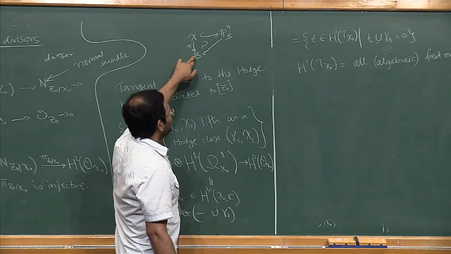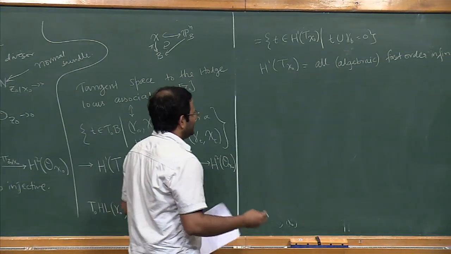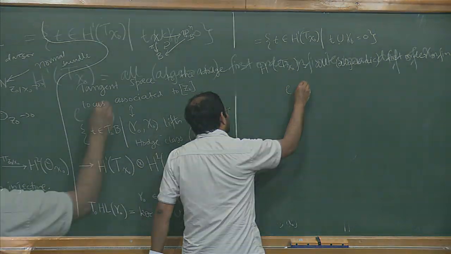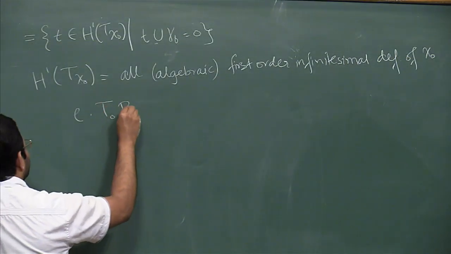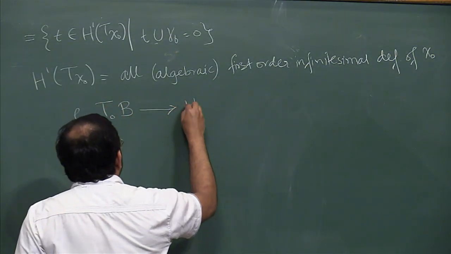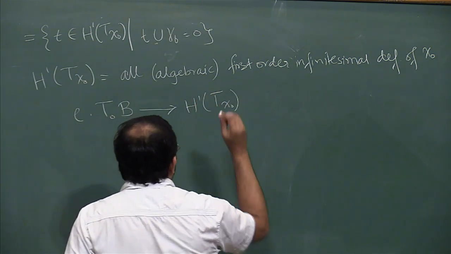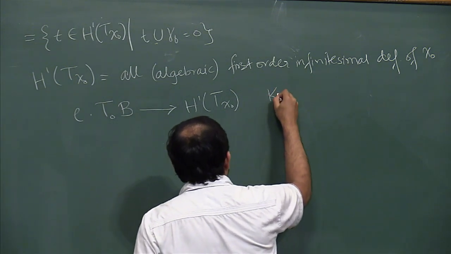at a point on B to this space, and that is given by the Kodaira-Spencer map. So, there is something called the Kodaira-Spencer map, which is not hard.